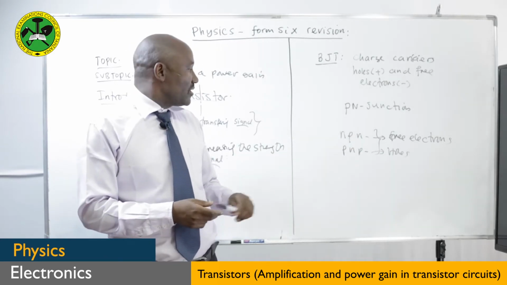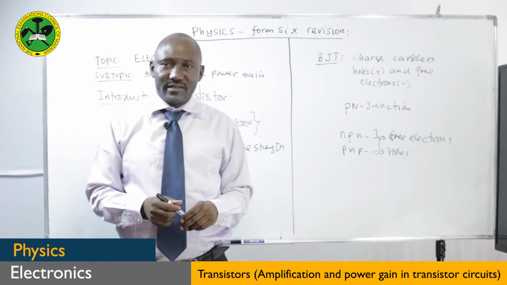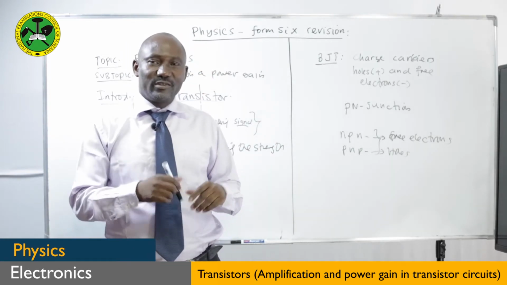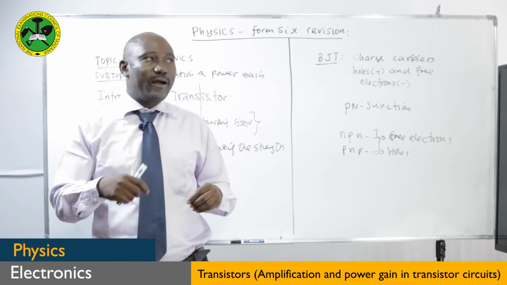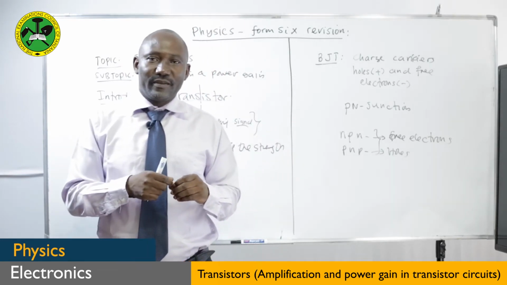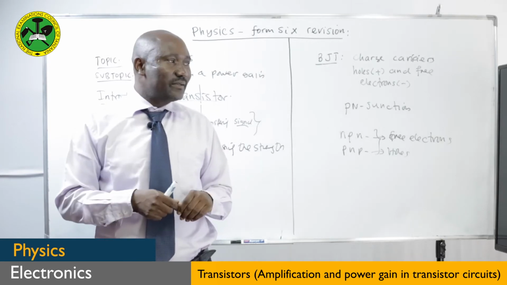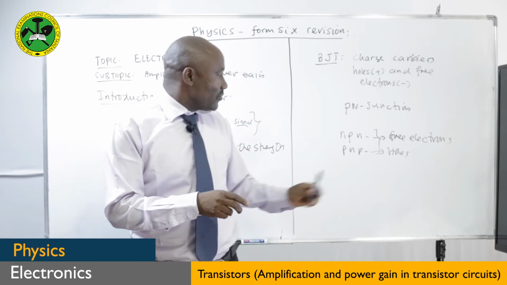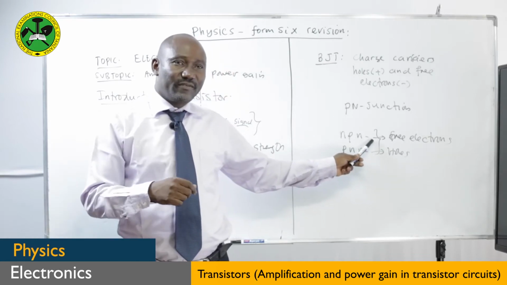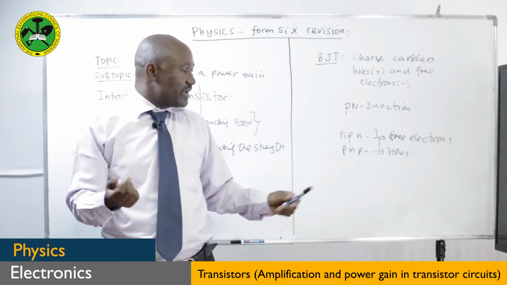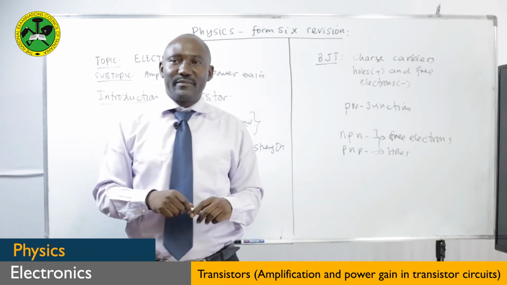But in most cases, we normally prefer the NPN transistor because it consists of free electrons. And you know, free electrons are very sensitive to electrical changes and signals. They have greater mobility. It means when small signals are applied to the NPN, they respond very quickly as compared to the PNP.